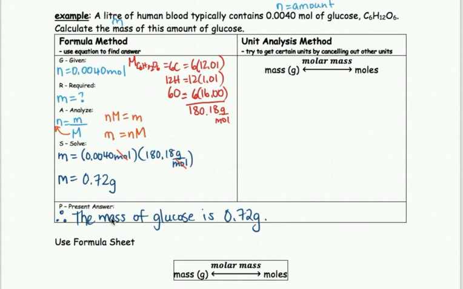Now I'm going to show you the unit analysis method. I'm going to go back to the top and do these same questions again. Please continue to watch the video. I want you to learn this method as well, and once you see the whole thing, make a decision which method you prefer. Ideally, we would like you to move to the unit analysis method, but everyone's different.